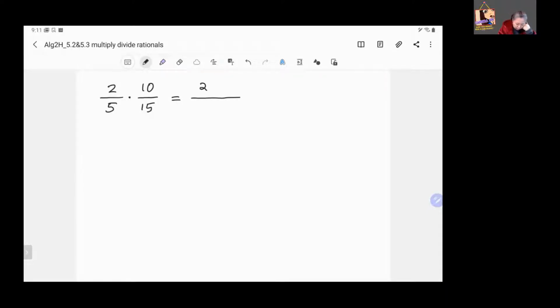So it's going to be 2 times 10 and 5 times 15. When you multiply them straight across, you can just go ahead and multiply and then have the value from each side, then you can simplify later.